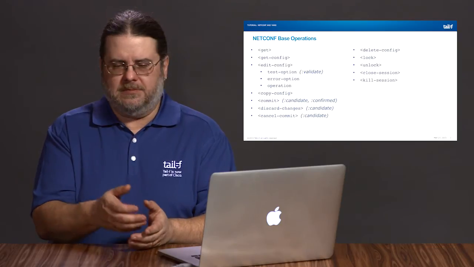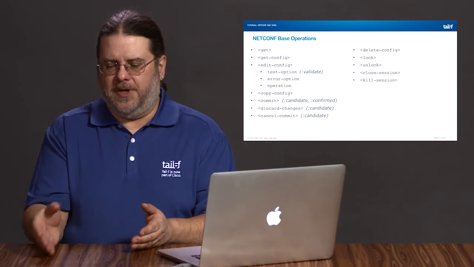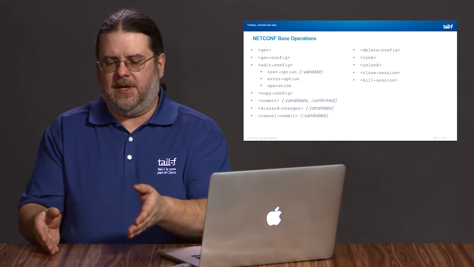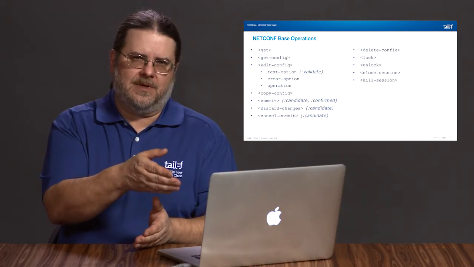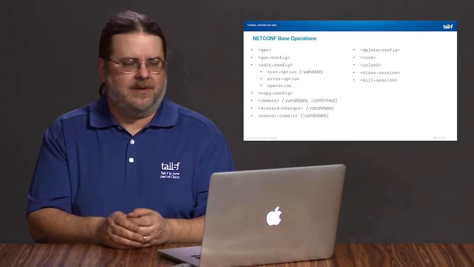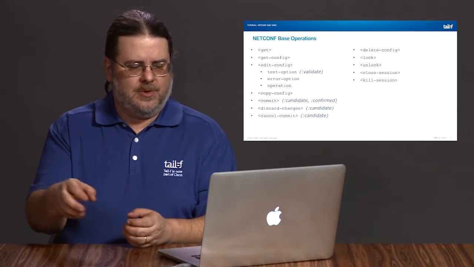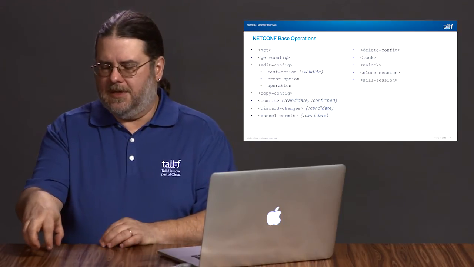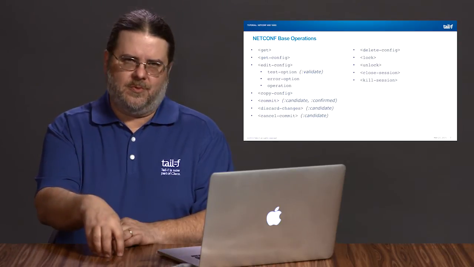CopyConfig we'll see primarily used to do things like if you want to make sure the contents of candidate equal running before you start doing things, you'd use CopyConfig to copy running to candidate. Commit is used to copy the changes that are in the candidate data store into the running data store.